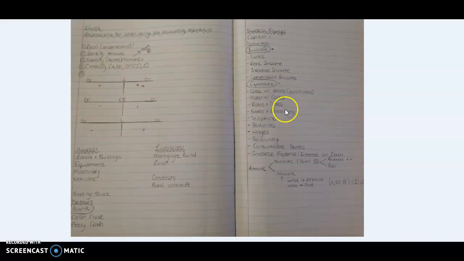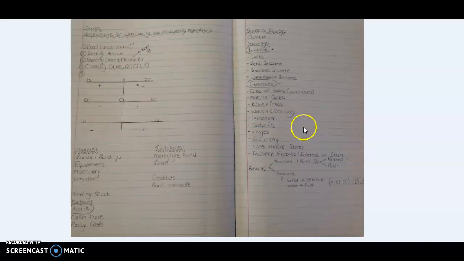Expenses. Expenses are things like the cost of sales, your purchases, the things that you buy to resell, your material costs, your rates and taxes, your water and your electricity, things you have to pay to the municipality, your telephone, the salaries, wages, stationery, consumable stores, your interest expenses, like the interest on loans, for instance, and so forth.